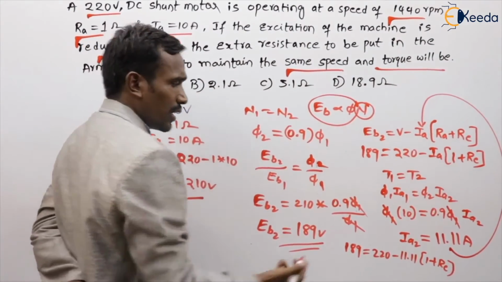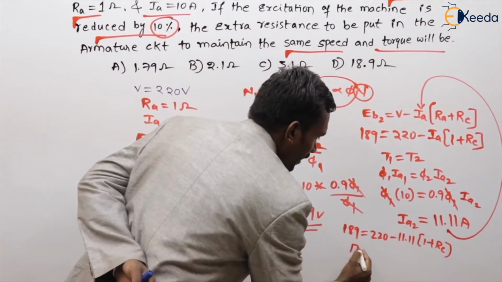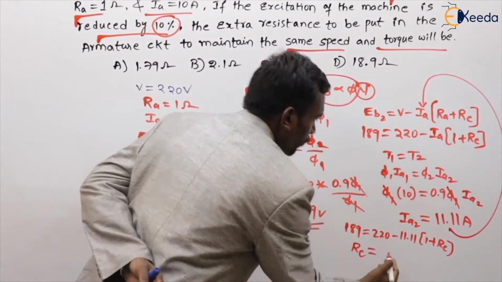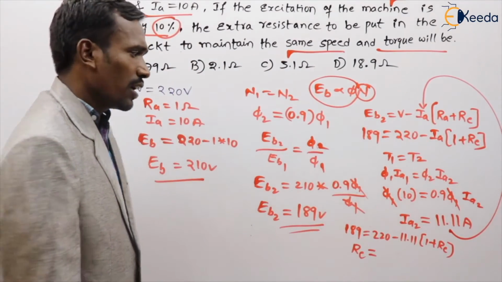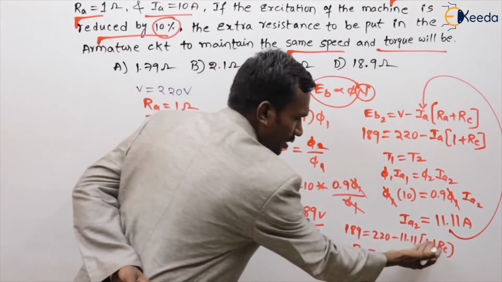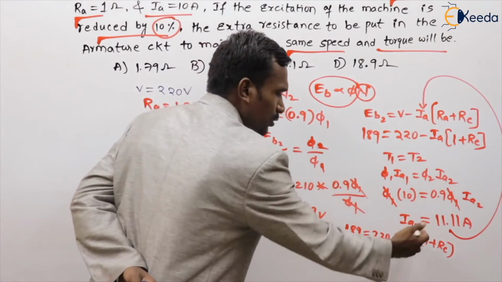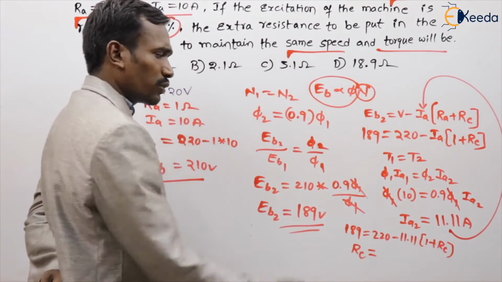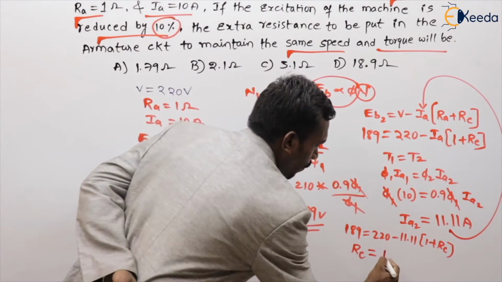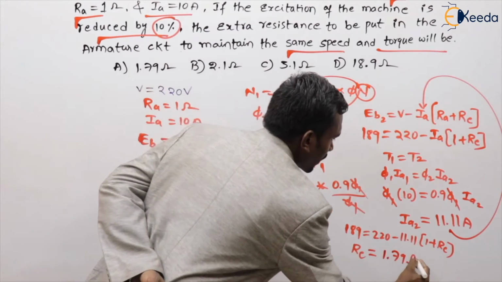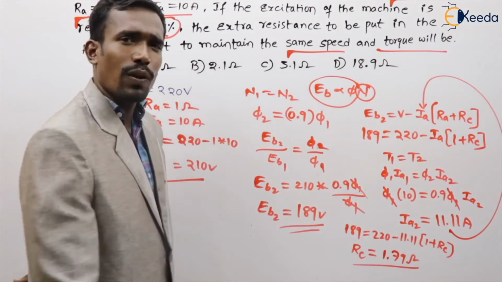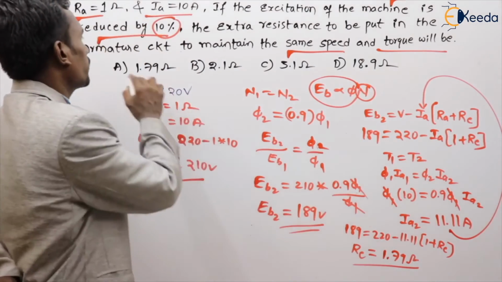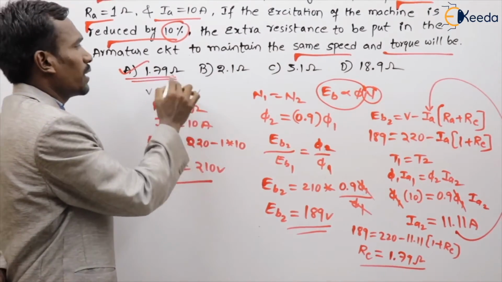If you calculate RE from this equation, you get 1.79 ohms. You can get the extra resistance required to add here, 1.79 ohms.